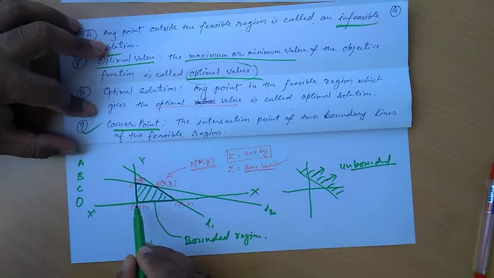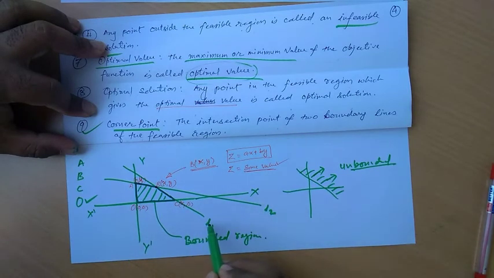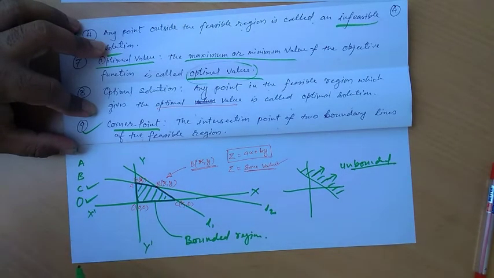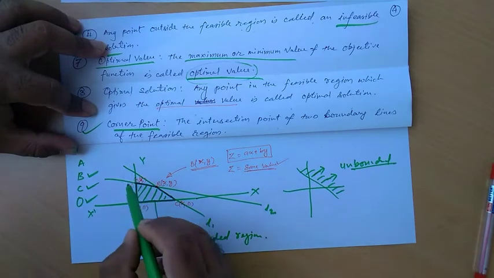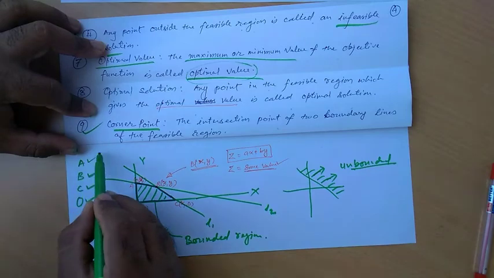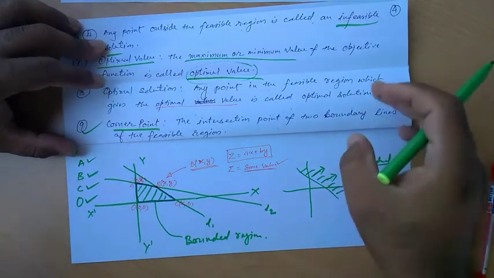If we find the intersection, we'll get this O. If we intersect x-axis and L1, we'll get C. If we intersect L1 and L2, we'll get point B. And if we intersect L2 and y-axis, definitely we will get point A. So these are the corner points.